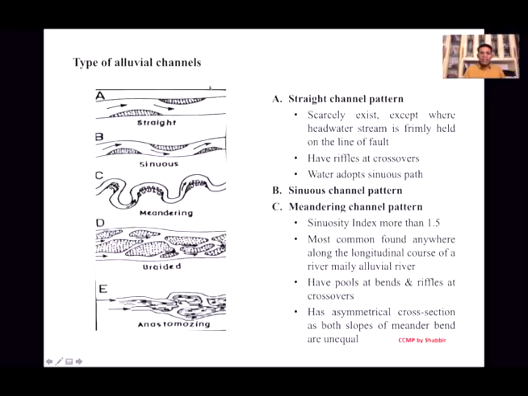So this is more or less Keller's ideas about how a river transitions from a straight river to a sinuous and a meandering river. Pages 409 and 410 talk about these stages.